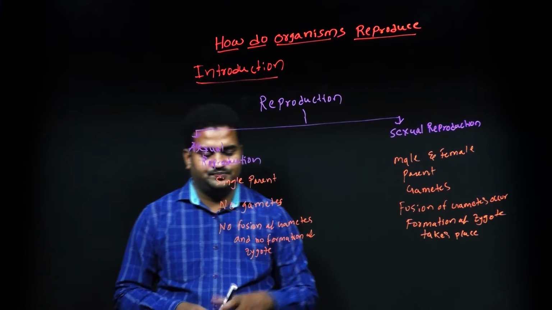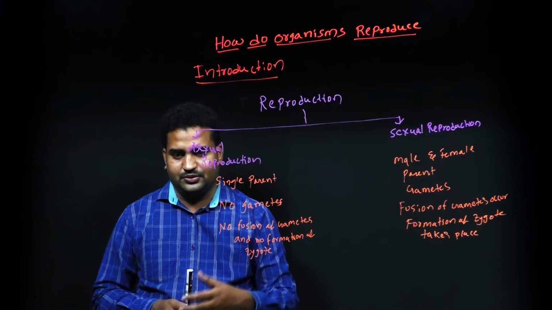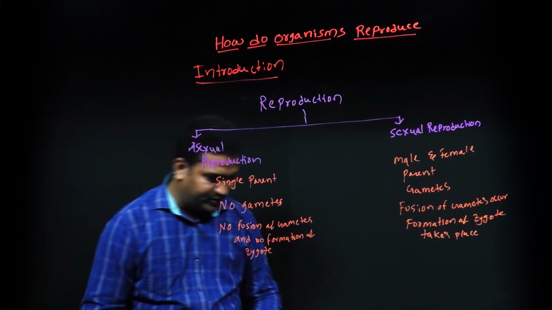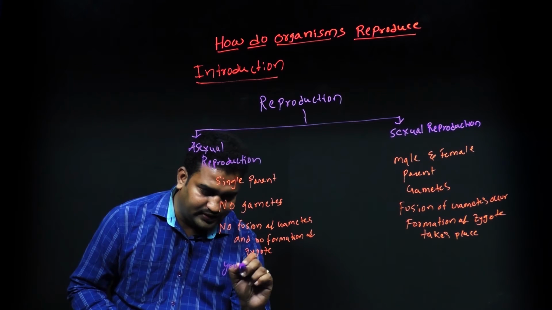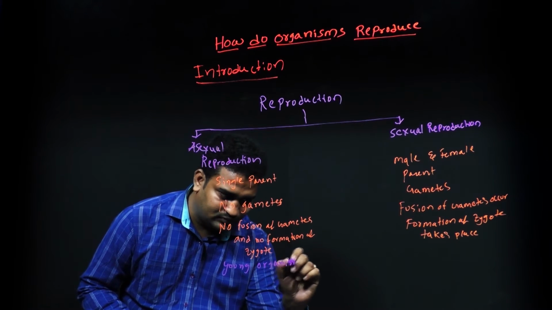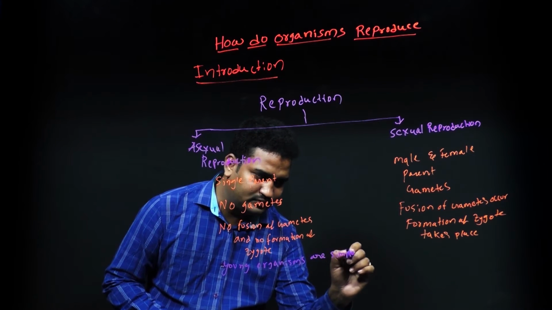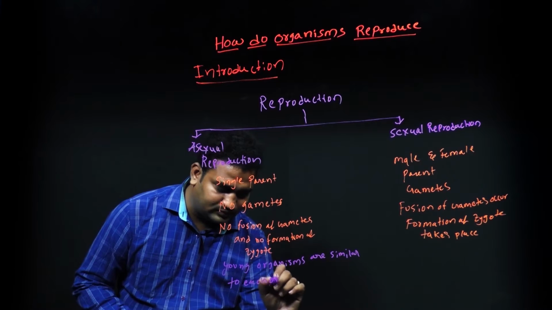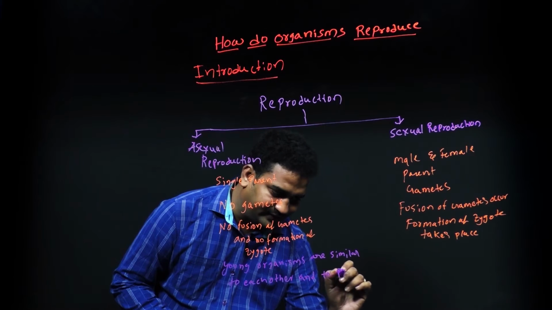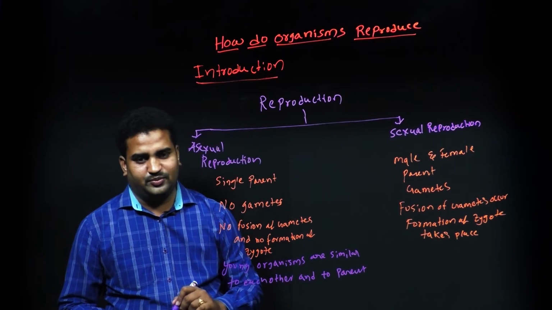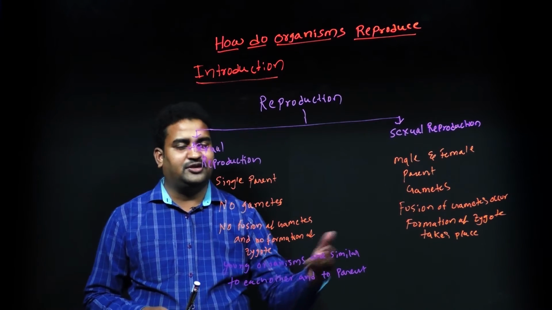Usually the young ones are similar to their parent and similar to each other. In asexual reproduction, the young organisms, or offsprings, are similar to each other and also similar to the parent.